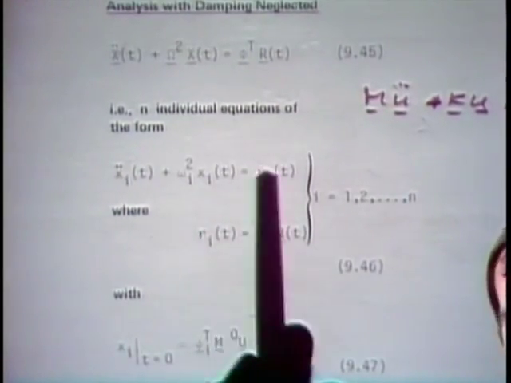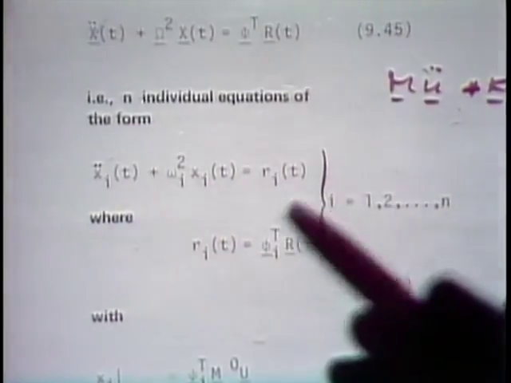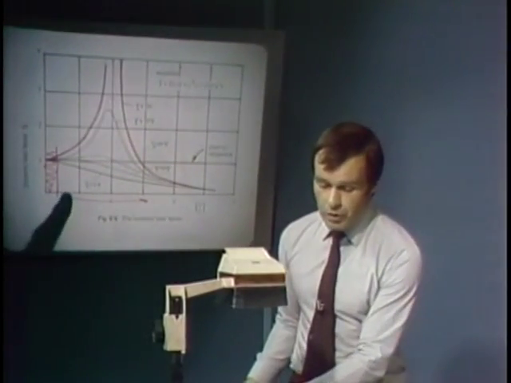A truly dynamic solution will only be obtained when p, in other words the frequency of the load, divided by omega, falls into this range here.